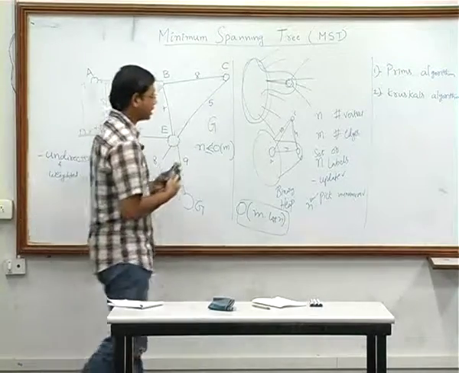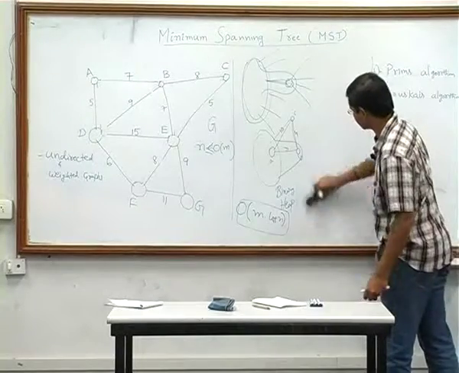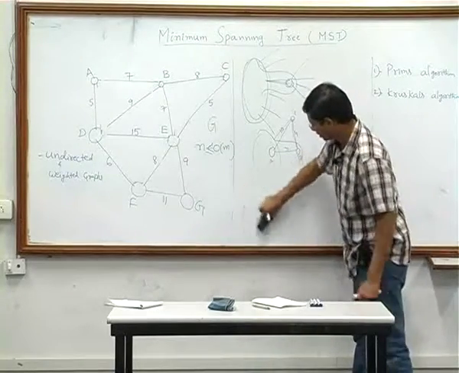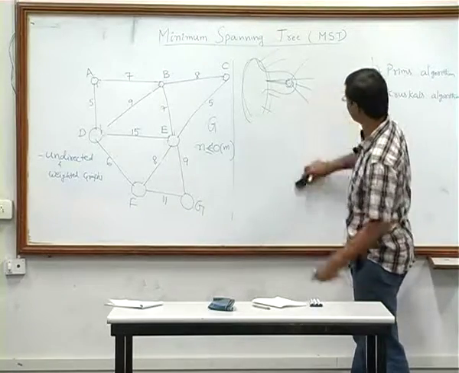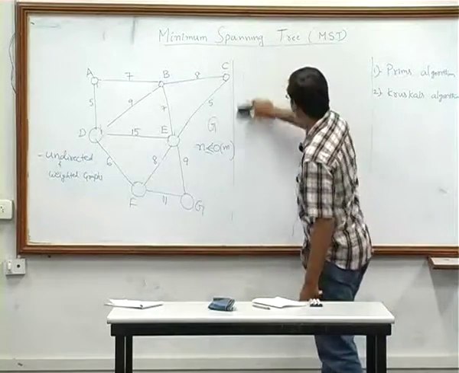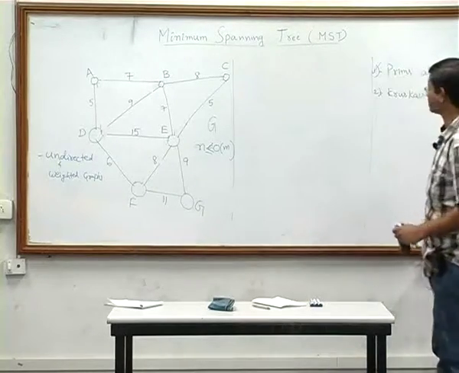The local decision made at a particular step is not changed again, and that is actually the optimum step globally also. So that's what Prim's algorithm is about.